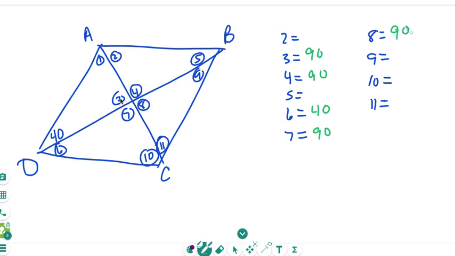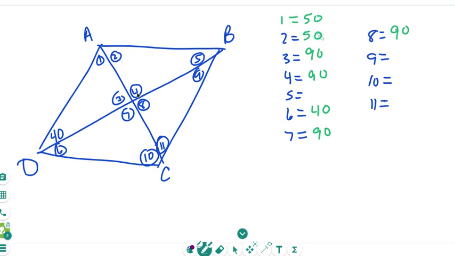If I have a 90-degree angle here and I have a 40-degree angle here, and these three angles must equal 180, then that makes angle 1 a 50.